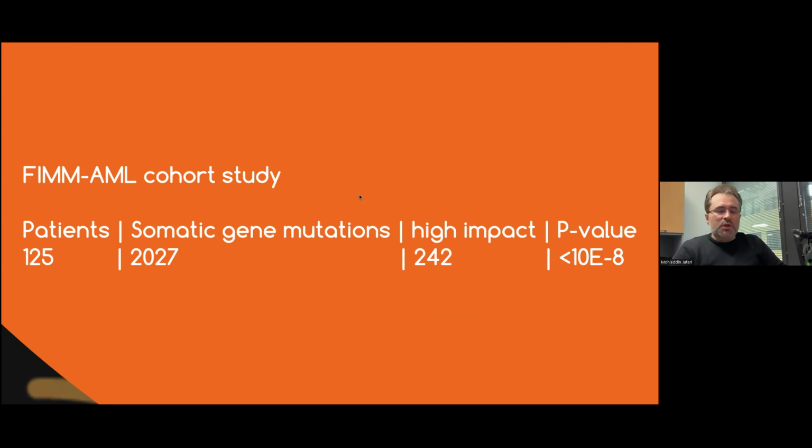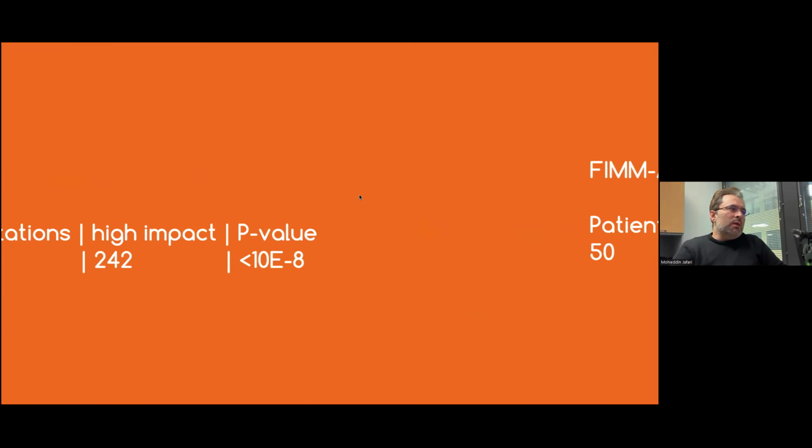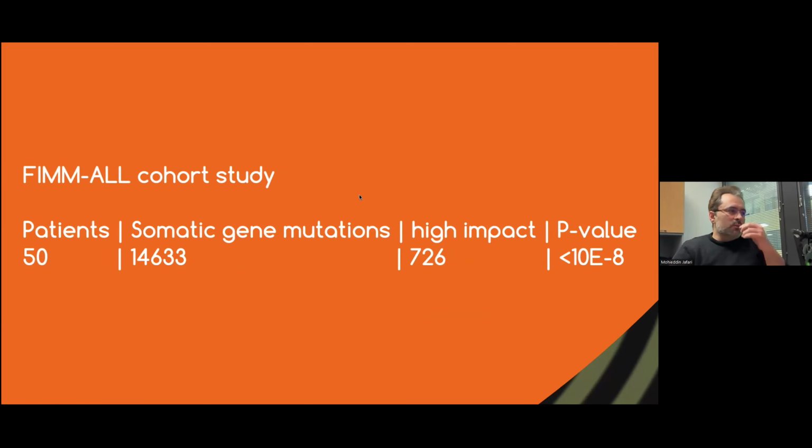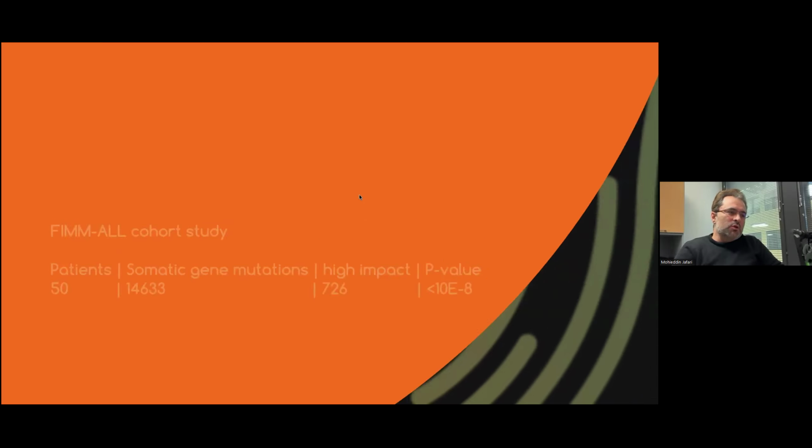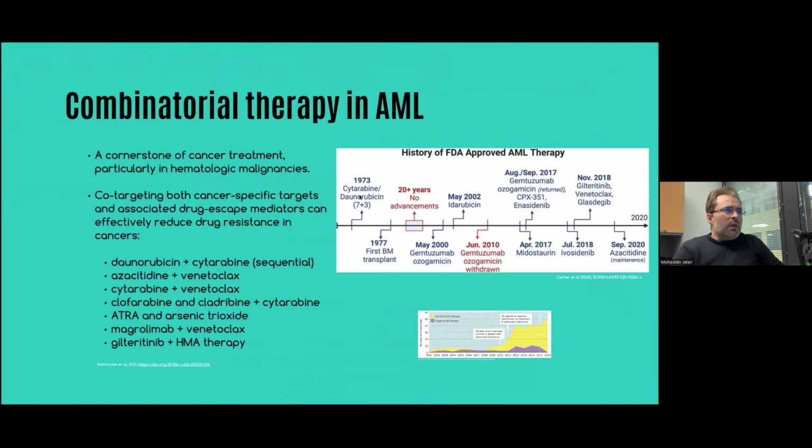So on average, each patient has two distinct gene mutations. If you check the ALL from the FIMM cohort study, the situation is even worse. For 50 patients, we have more than 700 different mutations. So the heterogeneity appears at different levels of biology.